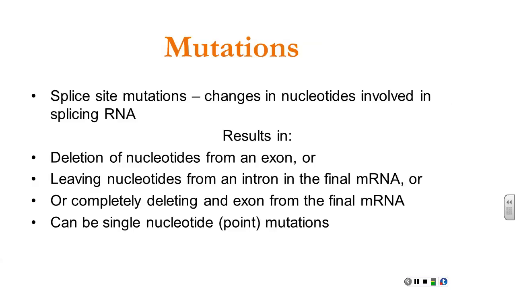So remember, even though you don't have to memorize the sequence, there is a very specific sequence for the splice sites, and if you mutate that, you're going to cause incorrect splicing. The mutations that could cause that could be single nucleotide point mutations, could be insertions, deletions, things like that. But they can definitely be single nucleotide point mutations.